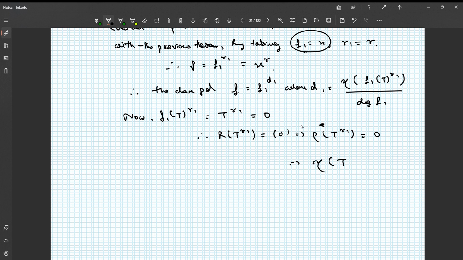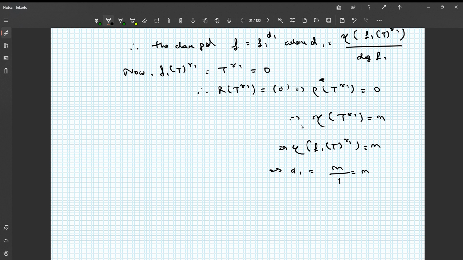Then by the rank nullity theorem, it's clear that the nullity of this should be n, right? So that means the nullity of f1(T) to the power r1 must be n. So that implies d1 must be n upon degree of f1. Degree of f1 is 1, so d1 must be n, right? Therefore, f takes the form x to the power n.